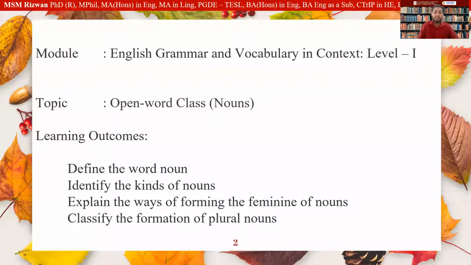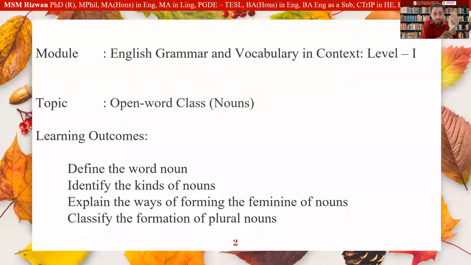Today, we'll be focusing on noun as an open word class in English. In this lecture, I have a plan to achieve 4 learning outcomes. First, inshallah, at the end of this lecture, you will be able to define the term noun, as well as identify the kinds of nouns in English.